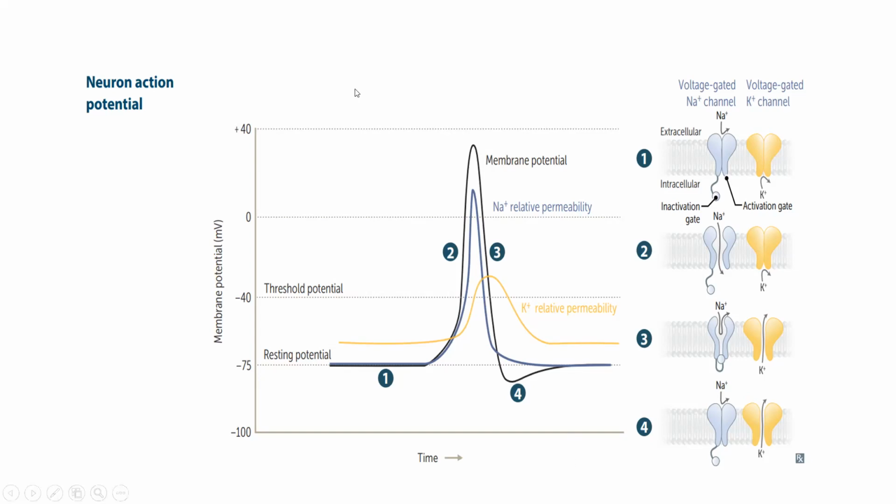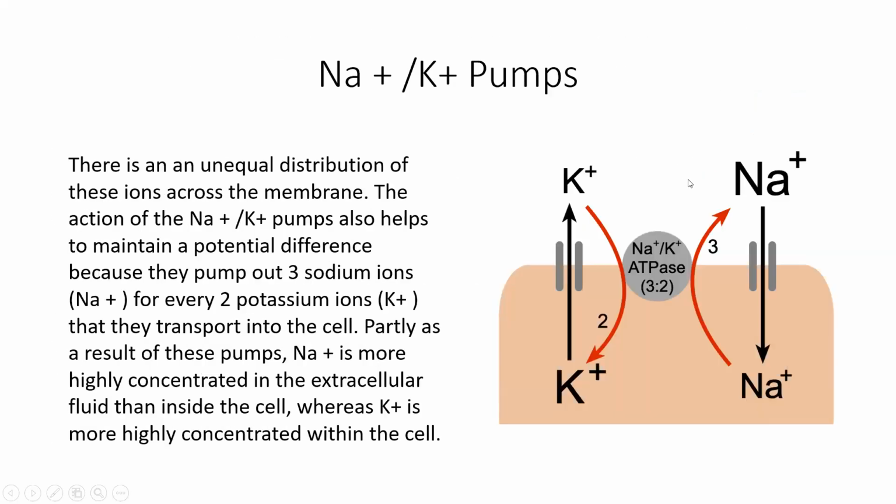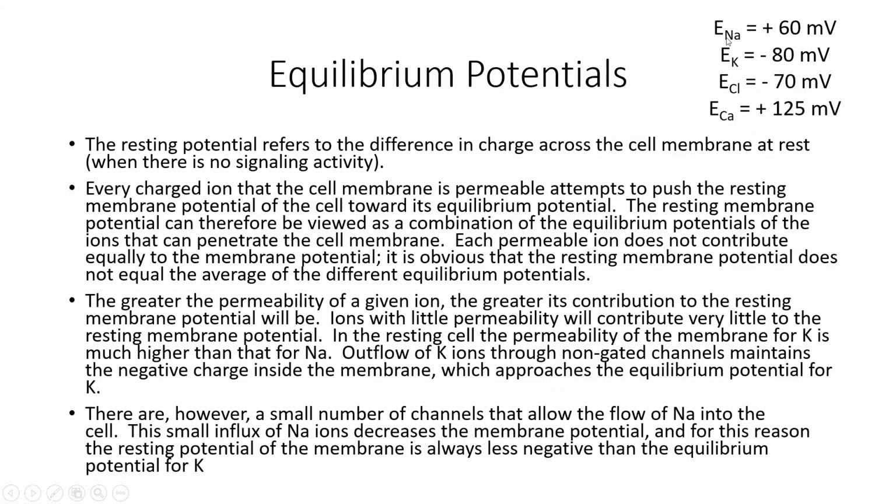And at a certain point, the charge will become even more negative than the resting potential used to be. Why? Because permeability to potassium is really increased now, and potassium tries to push the membrane towards its equilibrium potential, minus 80.